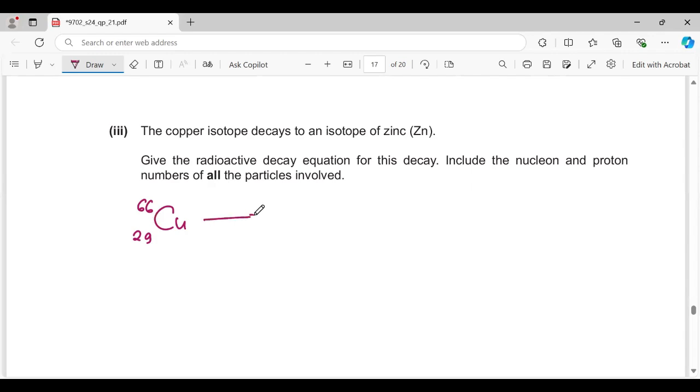Zinc is 66 and 30 here. It means the beta particle has zero here, because already 66, 66, and minus one here, because it's 30 and this is 29. And without other extra particles, zero, zero.